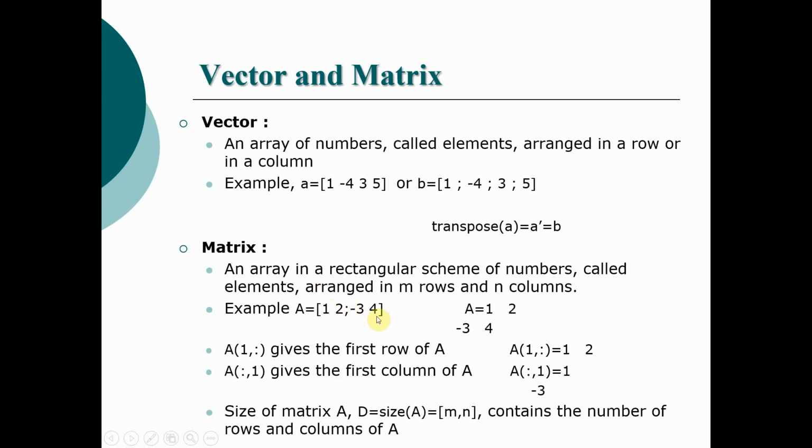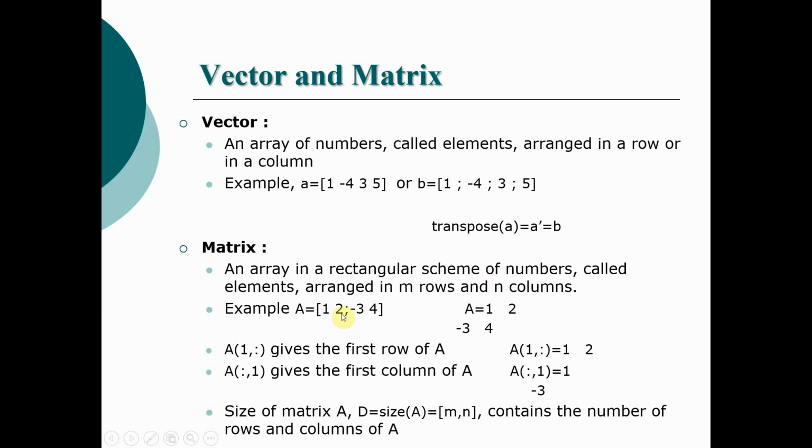On the second row we have -3 and -4 as the elements. You always have to remember that in a matrix, all rows have to have the same number of columns. You can't have the first row having two columns and the second row having any other number of columns. So in this case, m, the number of rows, is equal to 2, and n, the number of columns, is also equal to 2.